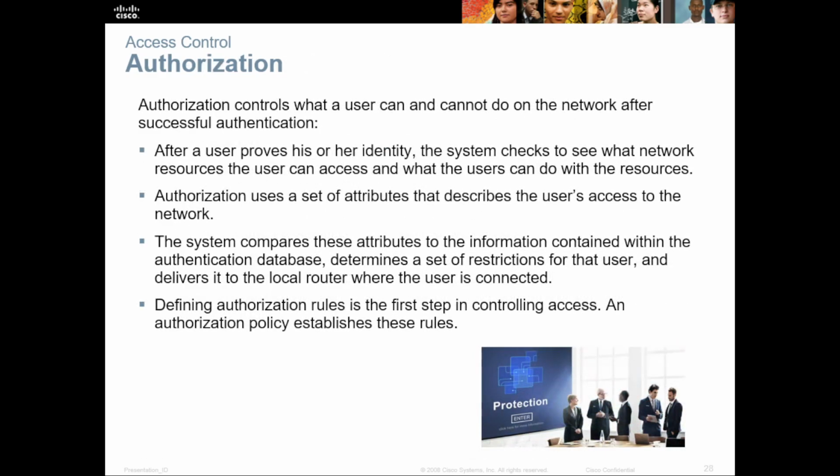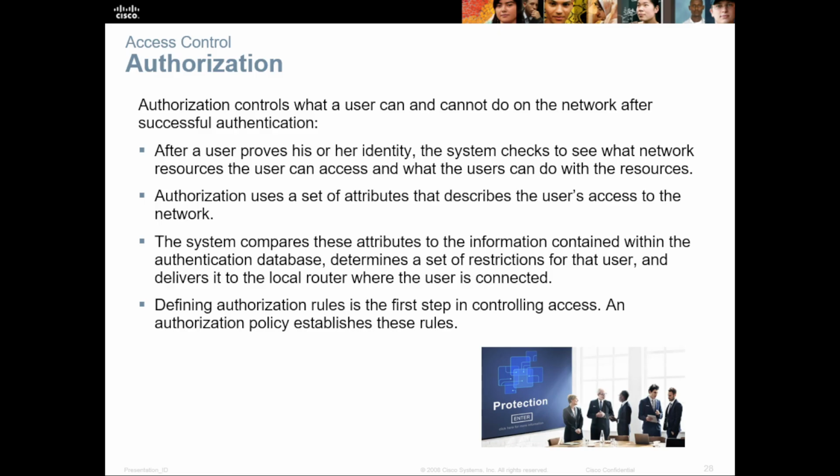So authorization controls what a user can and cannot do on the network after successful authentication. So after a user proves his or her identity, the system checks to see what network resources the user can access and what the user can do with the resources. So authorization uses a set of attributes that describes the user's access to the network, and the system compares these attributes to the information contained within the authentication database.